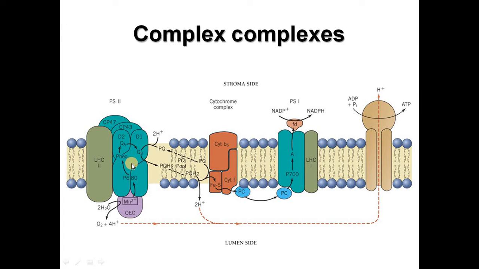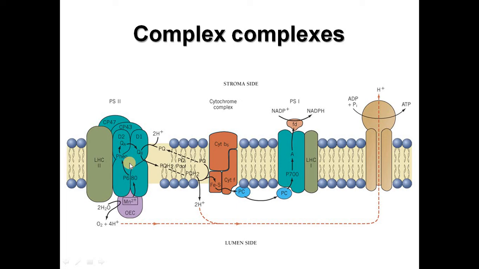It happens very fast, almost simultaneously: the two electrons will leave the magnesium of the chlorophyll, and they will immediately be replaced by the two electrons that come from the water.